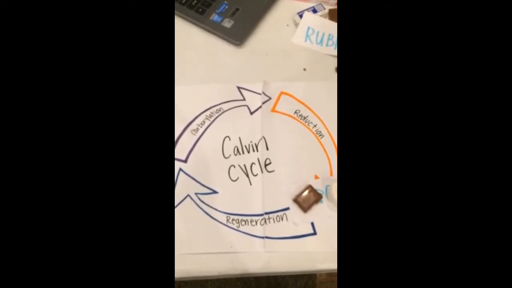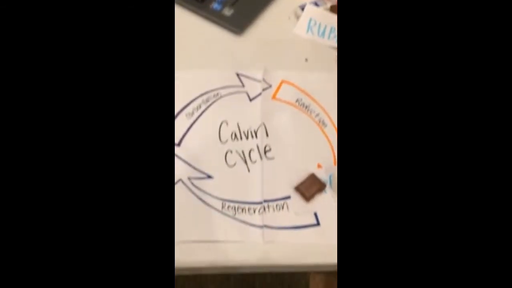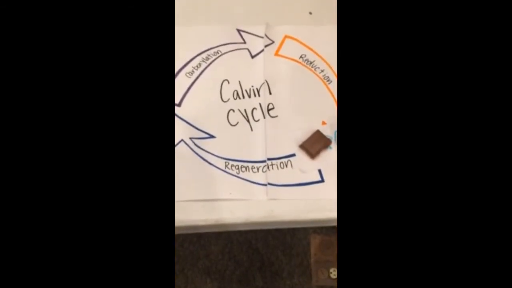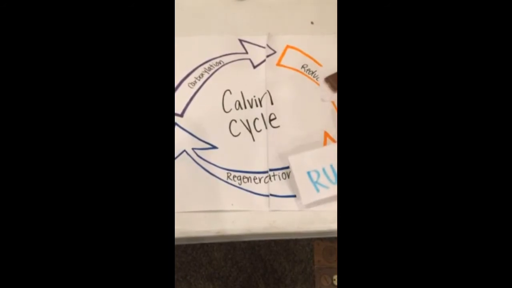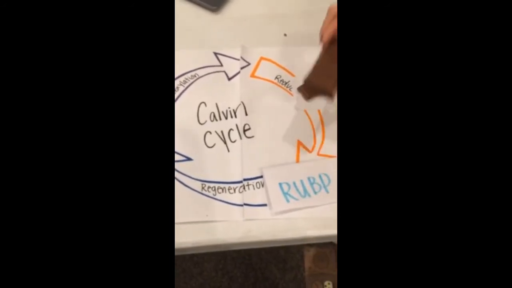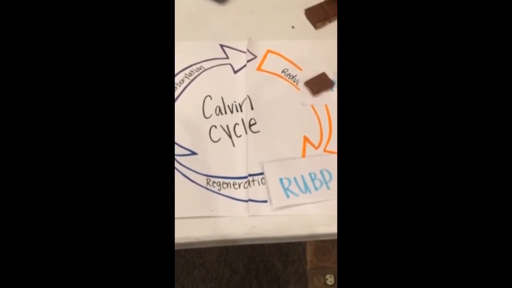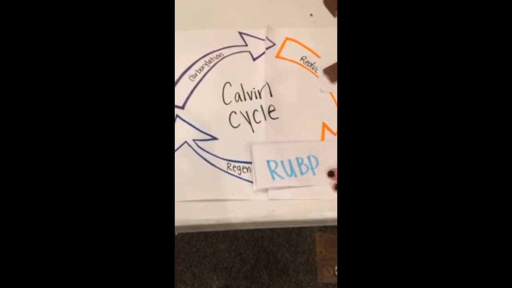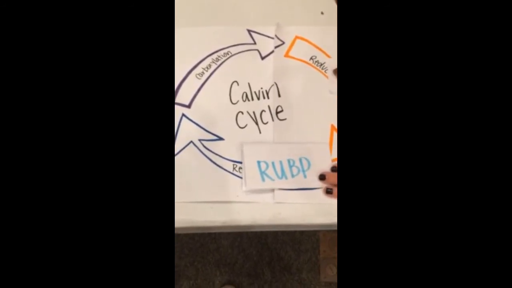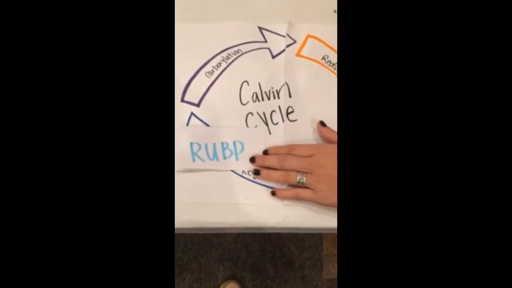The 3 carbon triose phosphate molecules that didn't get exported to the cytoplasm must be reorganized into ribulose 1,5 bisphosphate. This requires the ATP. From there, the cycle is allowed to run again with the original carbon molecule, RuBP. After 6 cycles of the Calvin cycle, 1 molecule of glucose is produced.